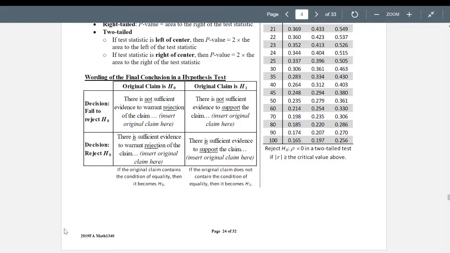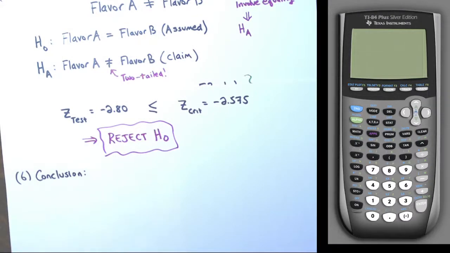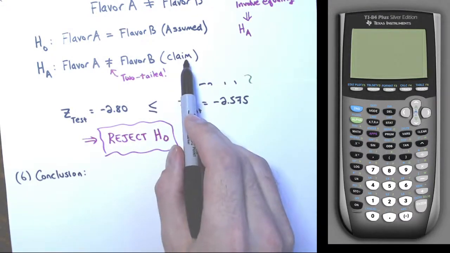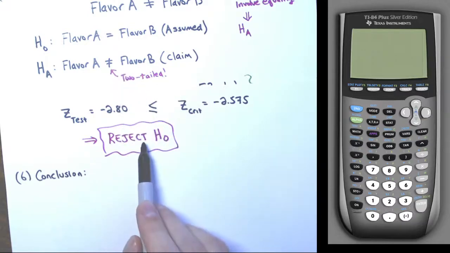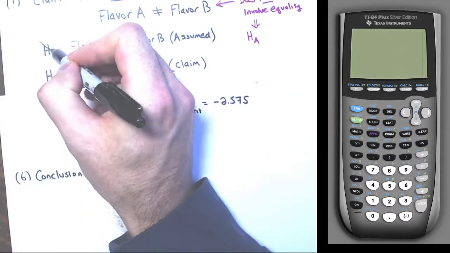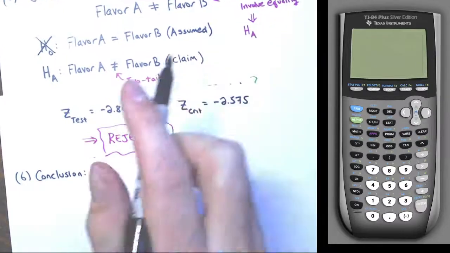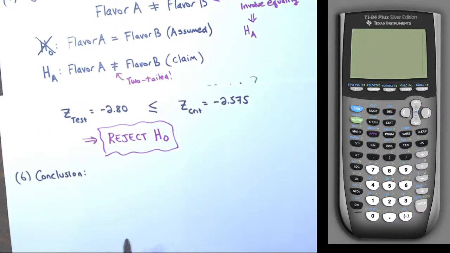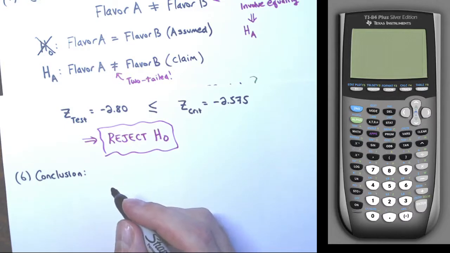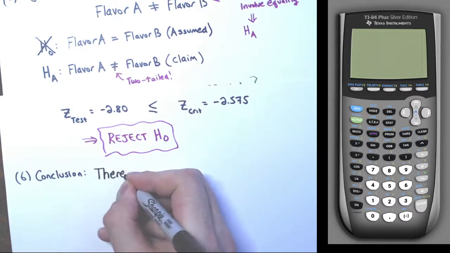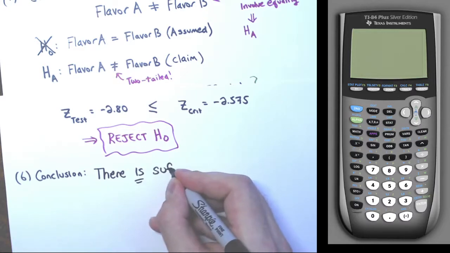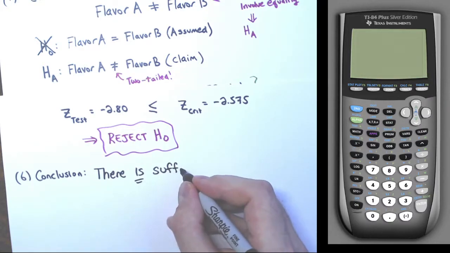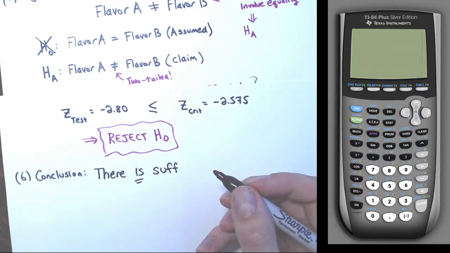Great. All right, so I will write that here. So this time again, the claim was in the alternate, and we're rejecting the null. So I'm not accepting this. Cross it out. We're accepting the claim. So we're saying that for this particular sample of 90 customers, the claim is supported. This time there is sufficient evidence. And a really off-putting way of saying that would be there isn't insufficient evidence, like a double negative.